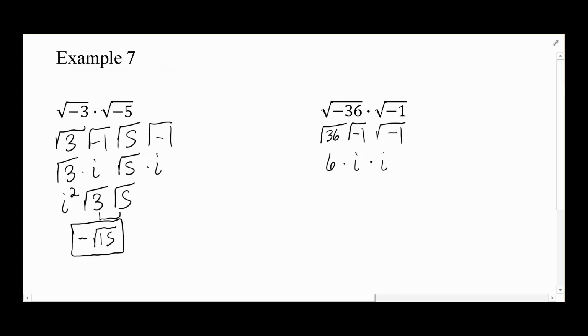Square root of -1 is i, giving me 6i squared, or 6 times -1, or -6. So when simplifying, we've got to remember that i squared is -1. Otherwise, i just sort of gets treated like a variable. And we're going to see that as we move through the rest of this lesson, that we can basically treat i like a variable with the one exception that if you get i squared, you know that's -1.